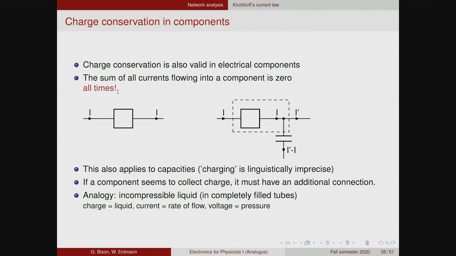I must say this is strictly true for time intervals that are longer than the travel time of light through the component. The electromagnetic interaction is mediated by the electromagnetic force, and the electromagnetic force has a finite velocity.